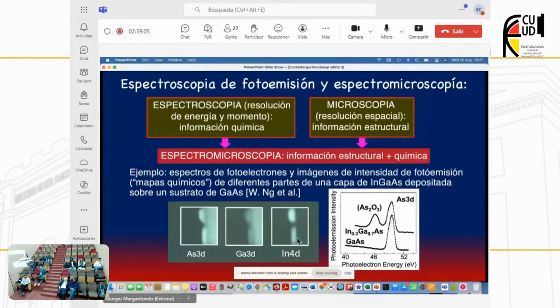And so you could actually see from the presence of core levels, the presence of the corresponding chemical elements, but the chemical elements are not present everywhere. More or less arsenic, gallium in this specific indium gallium arsenide sample are more or less in the same position, but indium is not. And so this gives you the real chemical maps about the specimen. That's the kind of microscopy or spectromicroscopy that is based on the photoelectric effect.